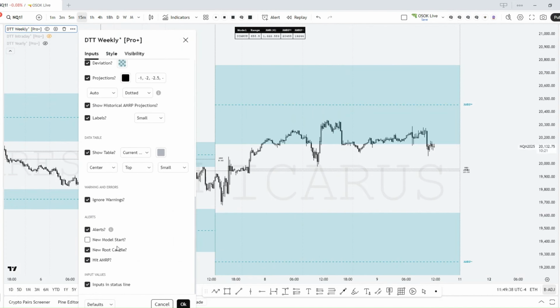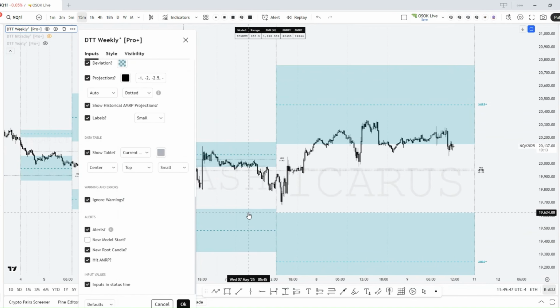If you're new to DTT, you can also turn on the new model start, but personally I don't need that because these times are pretty much ingrained in my head at this point. But you can turn on the root candle and AMRP as well. And this is the one I love the most with this model. So when this gets stabbed, I look at the markets, see what it's doing. If there's an opportunity, then there's an opportunity.